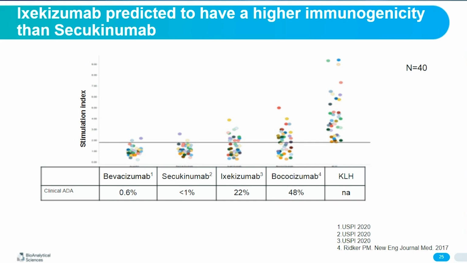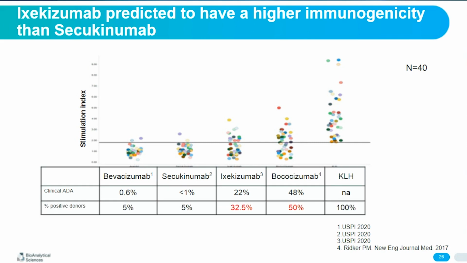So how did our assay perform? In this slide, you can see our results of the evaluation of ixekizumab and secukinumab. You can see here on the y-axis the stimulation index, how well the CD4 cells got activated.